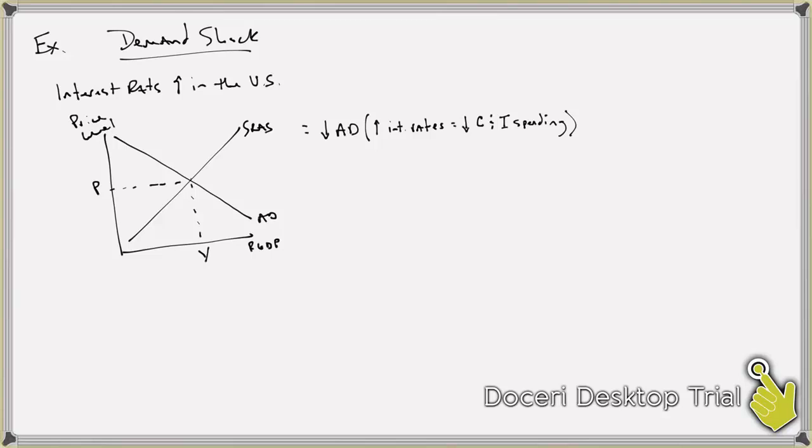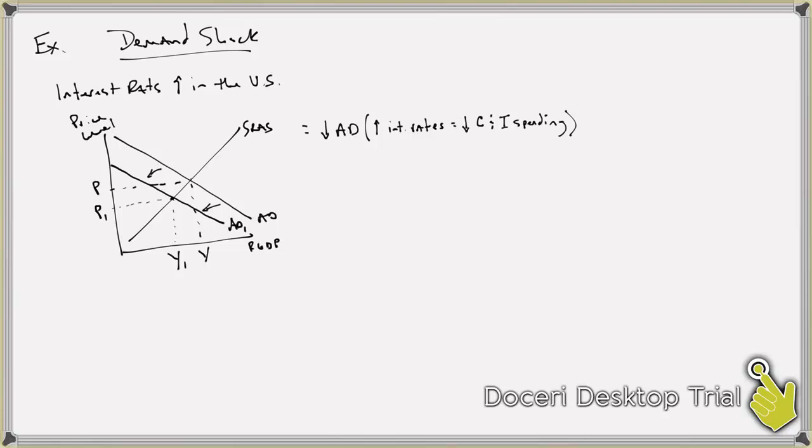So I'm going to use arrows to show that my curve is going to shift to the left. I'm going to draw a new AD curve, label that AD1. I'm going to find my new equilibrium. And now my economy has a new short-run equilibrium at P1Y1.